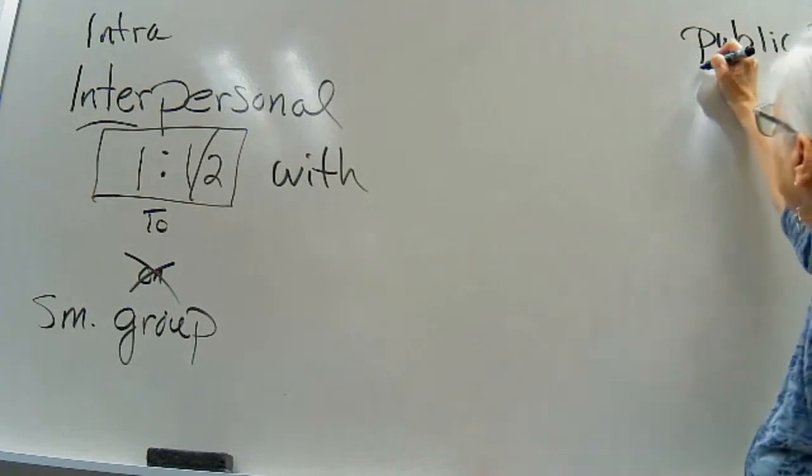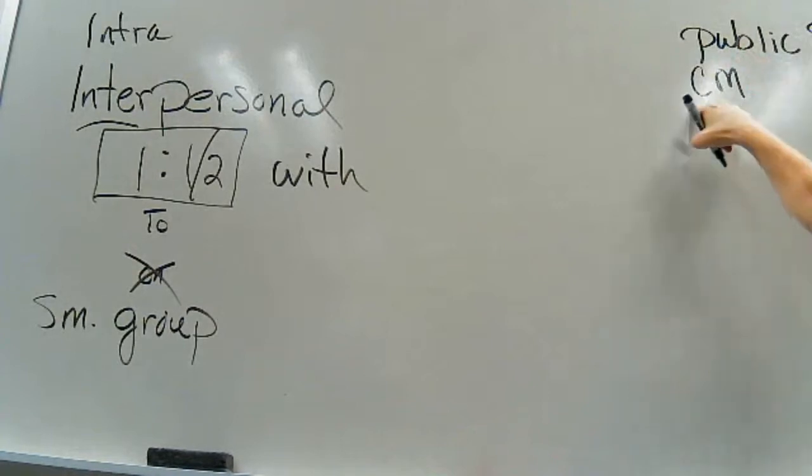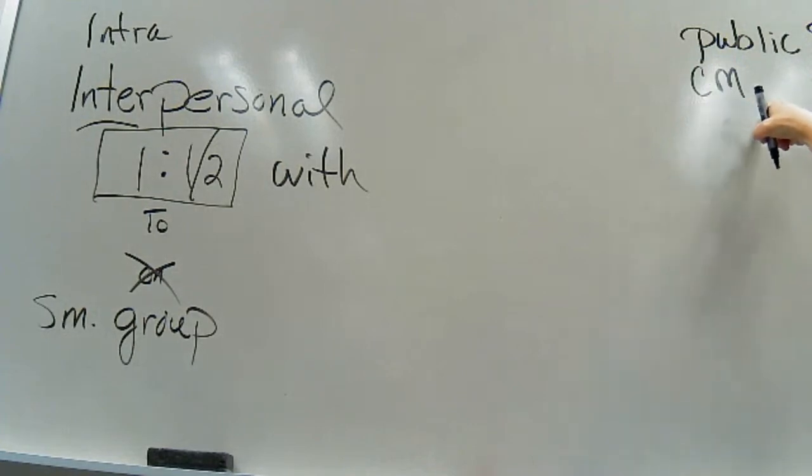We also have CM, which is computer-mediated, or mediated communication, which simply means that there is technology involved. So right now we are using mediated communication because we have another medium brought into it versus just face-to-face.